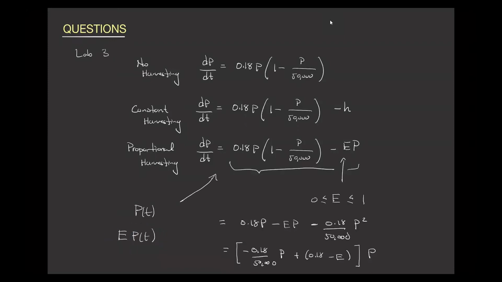If the population is 5,000, you're taking away 10%, then E of P becomes 500. If the population is now 100,000, all of a sudden E becomes 10,000. So it's just modifying whatever your population is that's changing. It's just taking a proportion of it, just so you can see over time how many fish or how much population you're removing. That's really it.